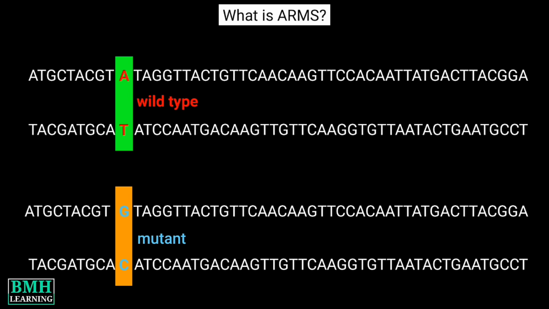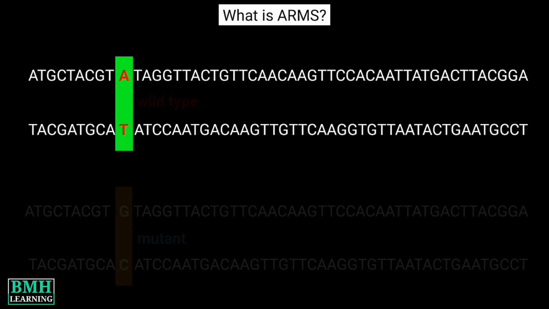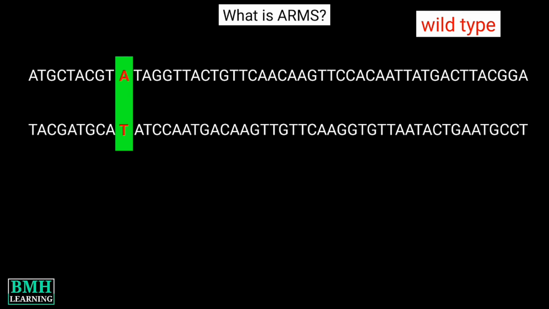Now the task before us is whether the given strand has the wild type or the mutant one. In order to initiate the ARMS process, we need to design two primers, the forward primer and the reverse primer. These primers, as we know, will amplify the DNA.